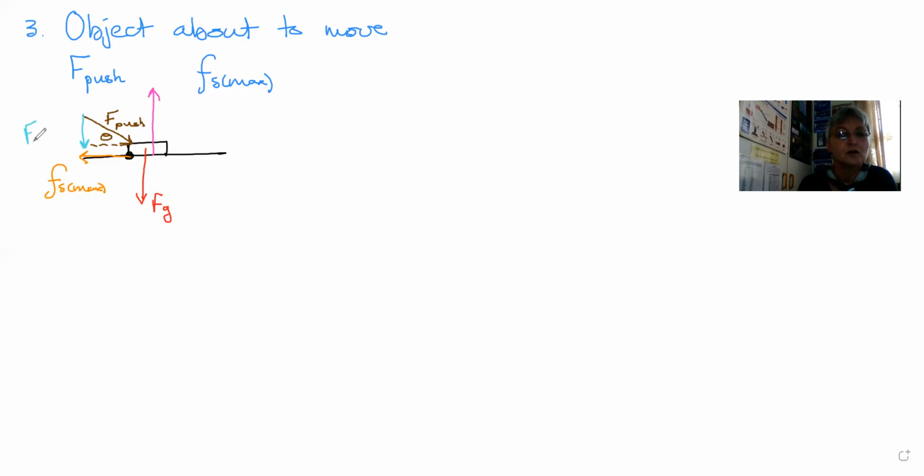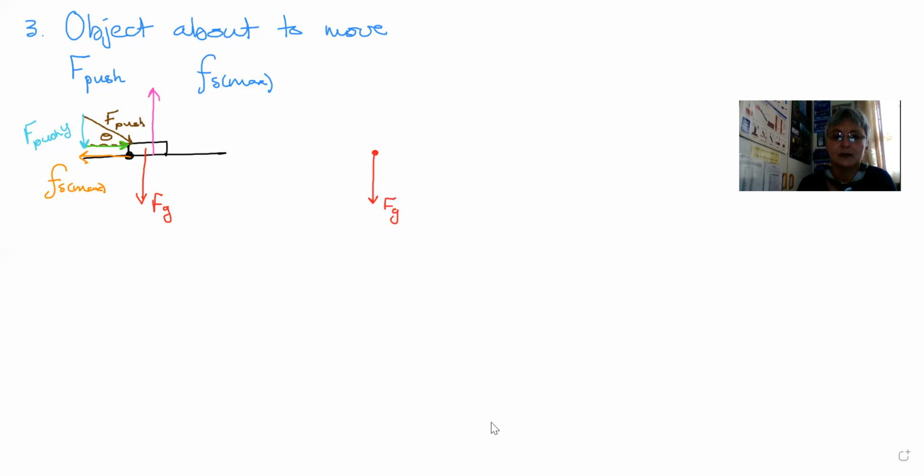The F push Y is down. The F push X is to the right in my diagram. To draw the free body diagram, we've got the gravitational force, Fg.